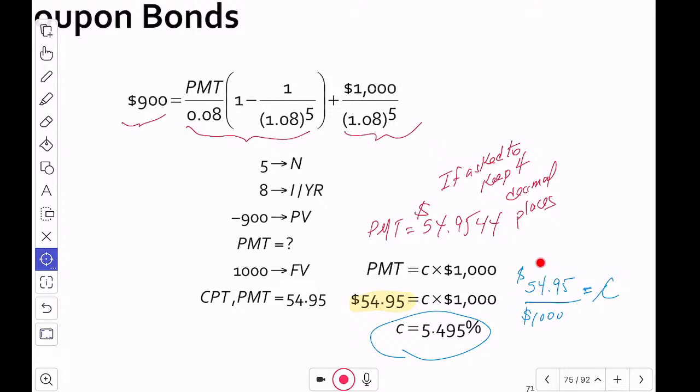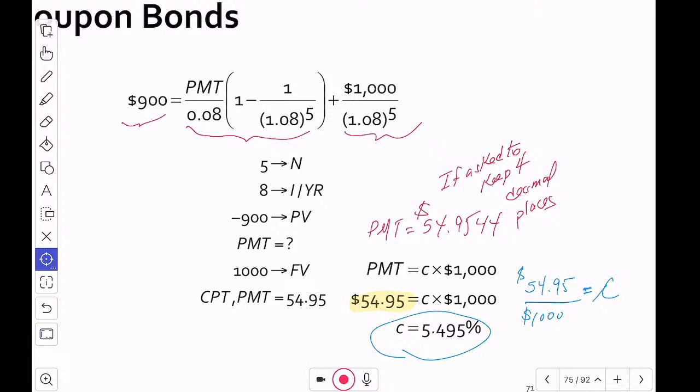So this will have a rate of 5.495%. Okay, questions about coupon bonds?